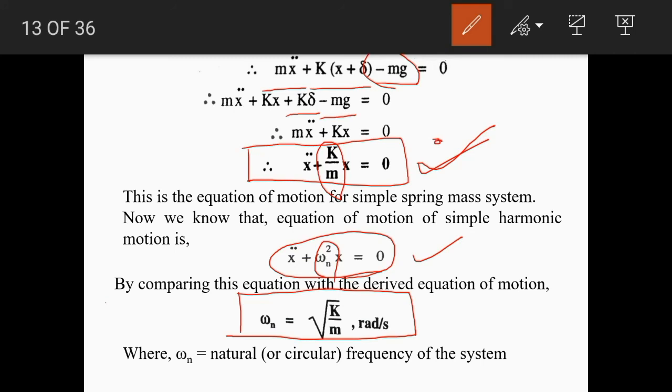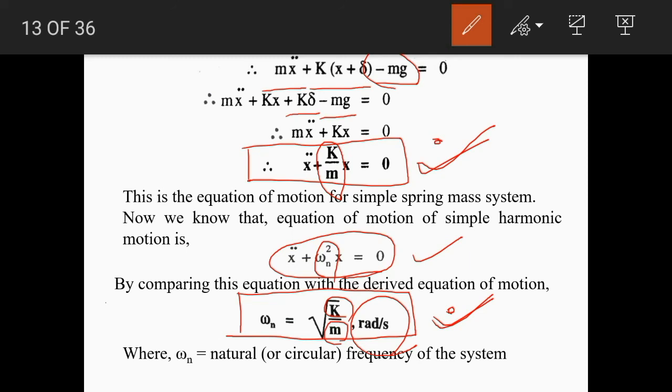So for a simple spring mass system, this is the equation of natural frequency, and it depends on the stiffness and the mass of the system. The natural frequency omega n is equal to the square root of k by m, measured in radian per second.